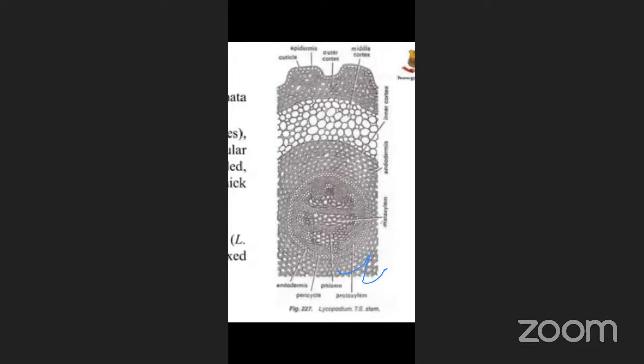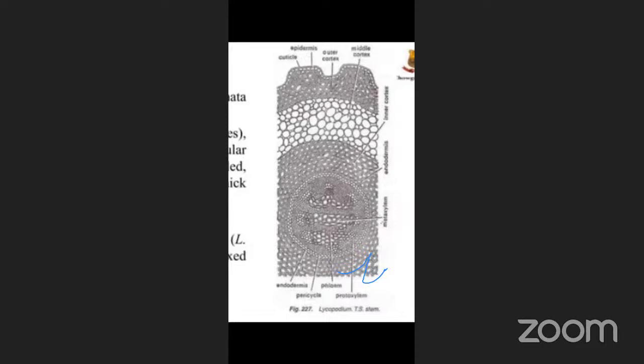Here the xylem forms a star shape with five rays, and the phloem is arranged between these rays. That's why we call it an actinostele.